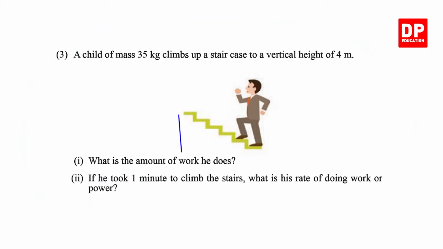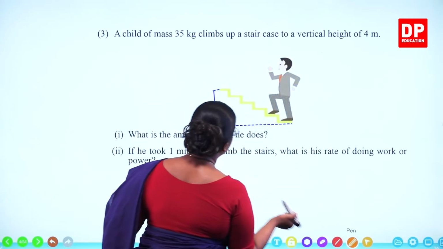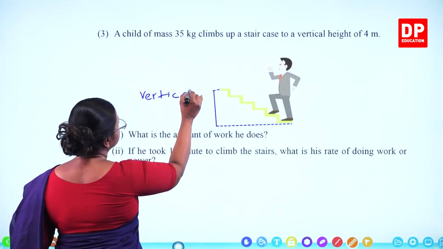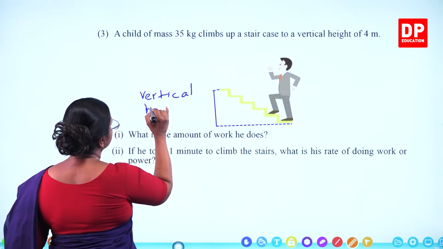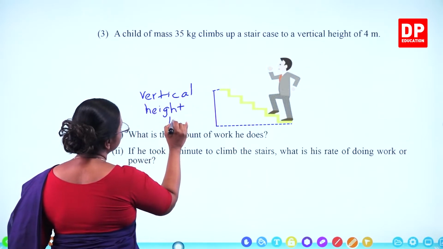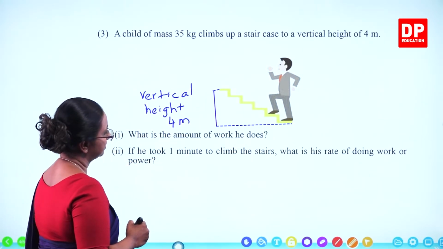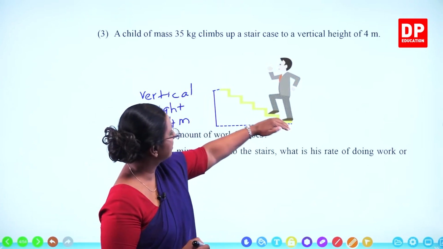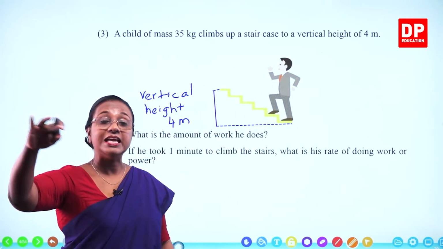You have to remember from this point at the bottom of the steps up to that point. So there, that is the vertical height. Vertical height is how much? 4 meters.